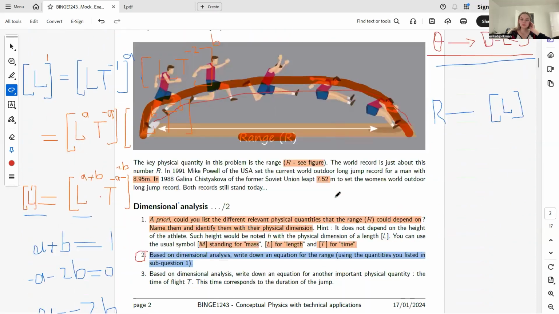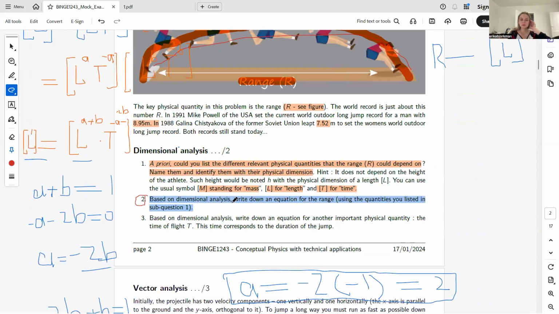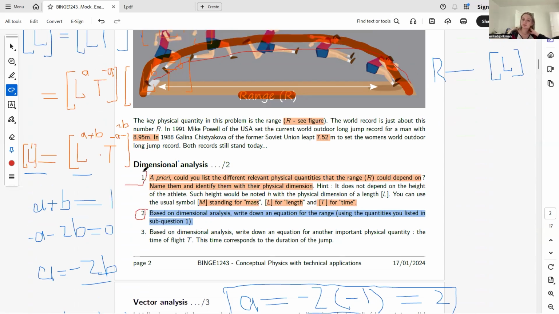So that was our second part: based on the dimensional analysis, write down an equation for the range using the quantities you listed in sub question 1.